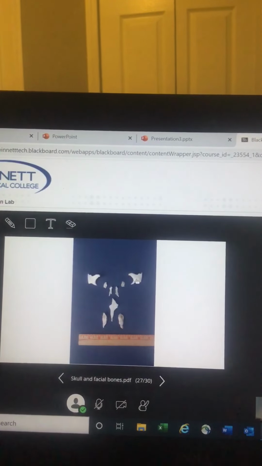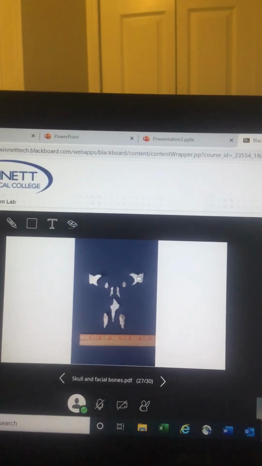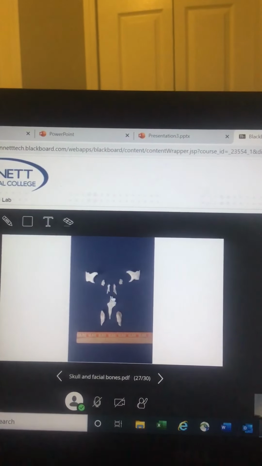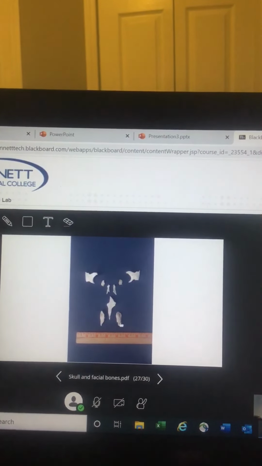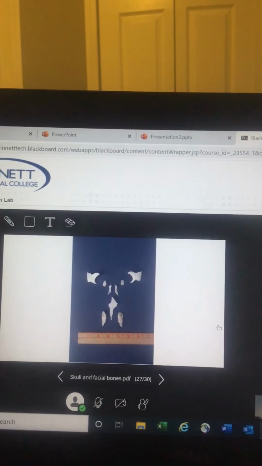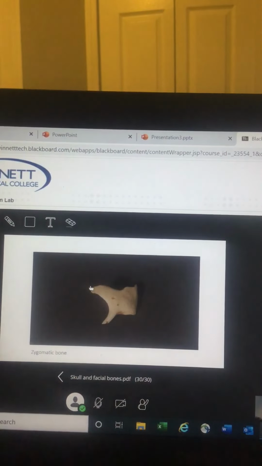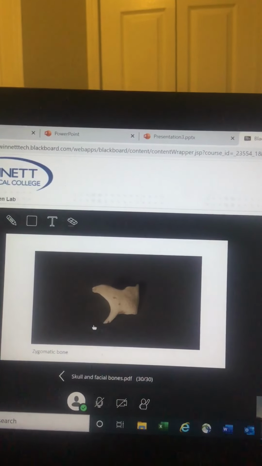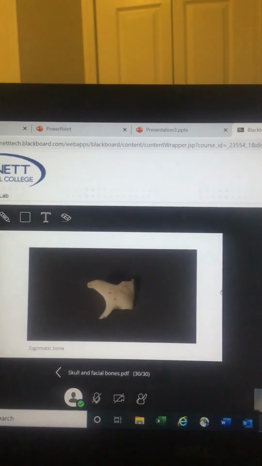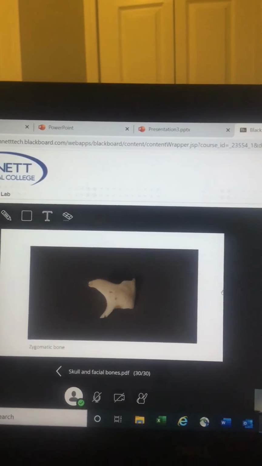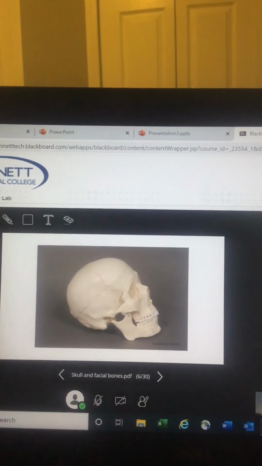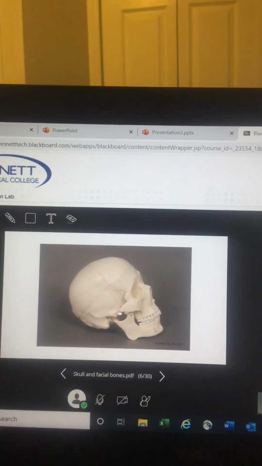Zygomatic. Zygomatic bone. Lacrimal bones, nasal, vomer, inferior conchae. Okay. Zygomatic all by itself. Okay. That's the zygomatic bone. Not to be confused with the zygomatic process.